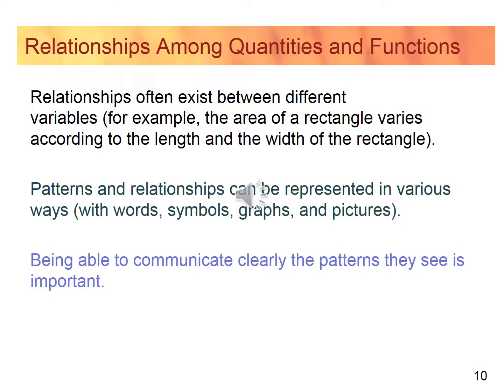So patterns and relationships can be represented in a lot of different ways. We can talk about them, we can draw them, we can graph them, and use numeric and computational symbols to represent them as well. The point is that being able to communicate very clearly the patterns that you see within a problem is very, very important.